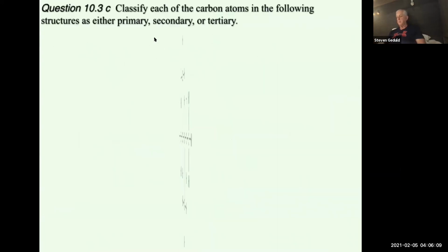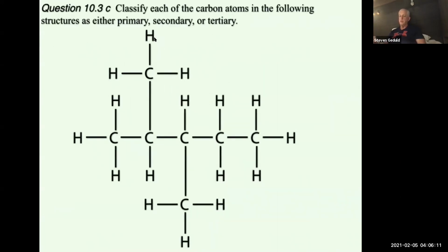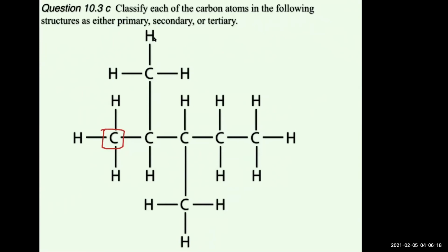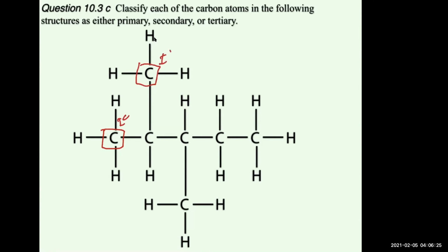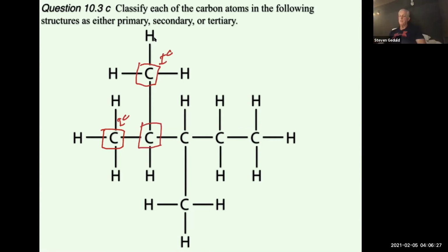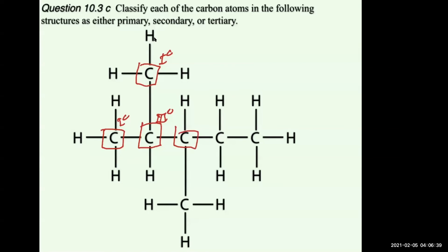All right. A couple more here. Let's start with this one here. What is that? Primary. This one here, primary. This one here, tertiary. That has 3 carbons attached. This one here, tertiary, perfect.